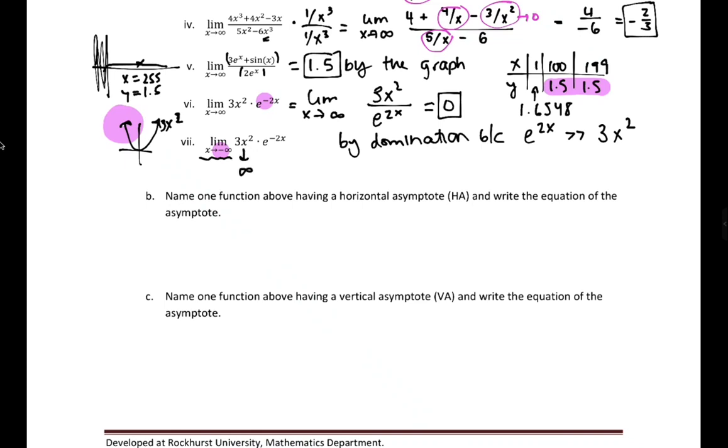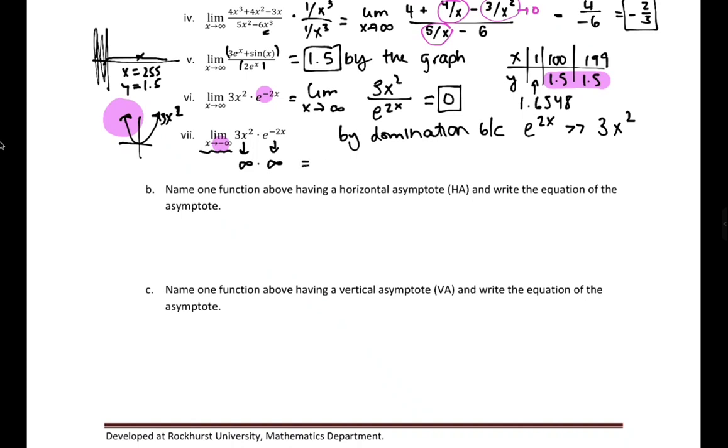And if I take e to the negative negative infinity, that's e to the positive infinity. So this is a huge number. And a huge number times a huge number will always be a huge number.